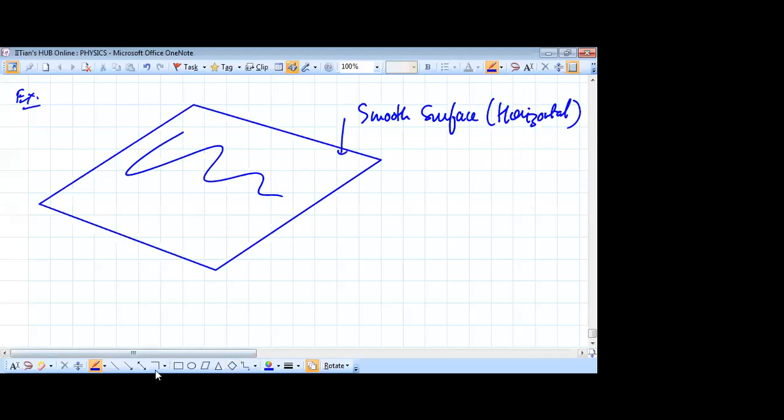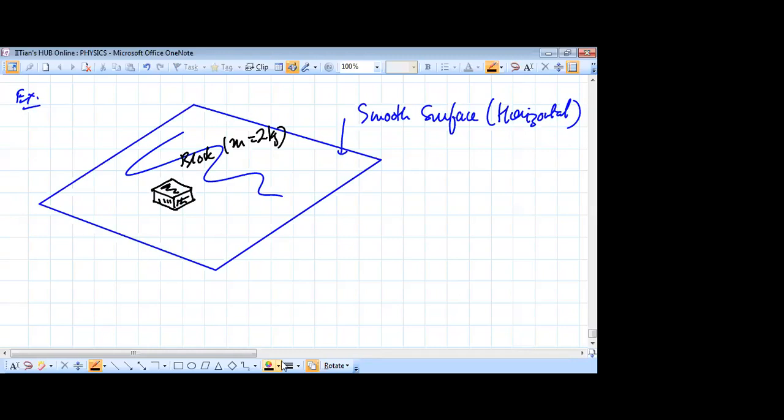Now on this surface, let us say we have a block like this. This is a block of mass 2 kilograms.